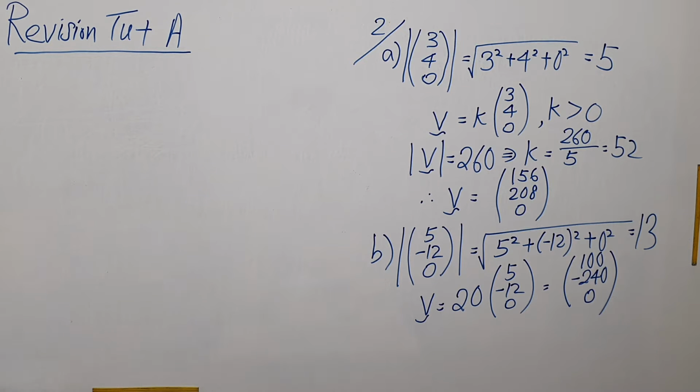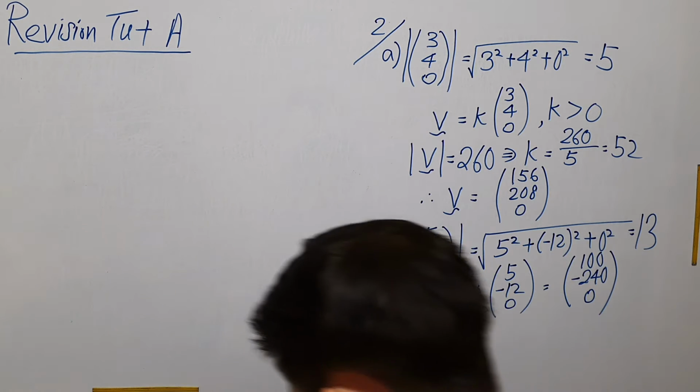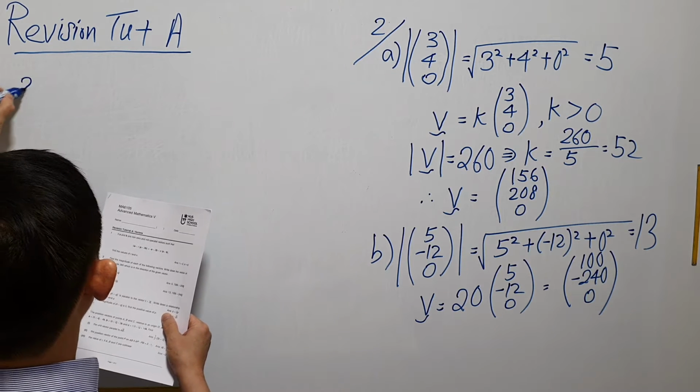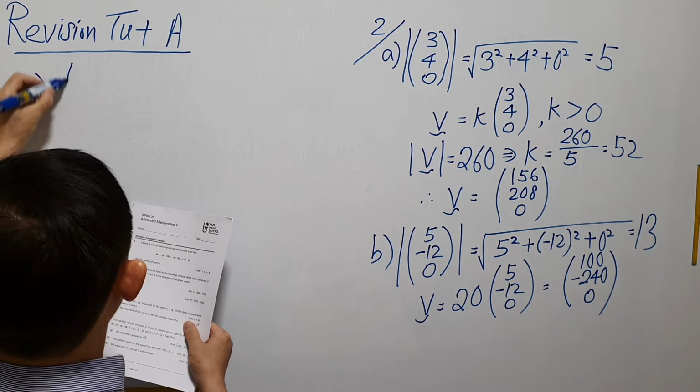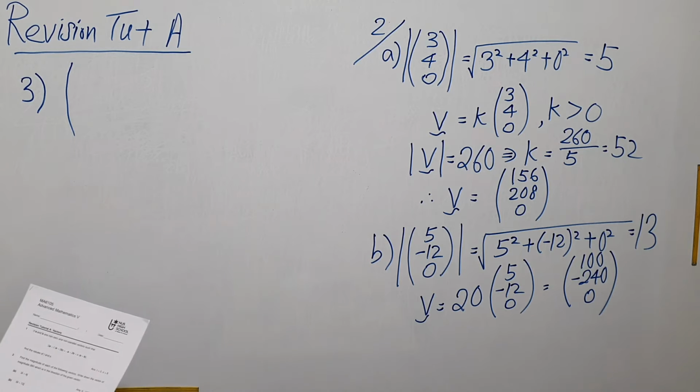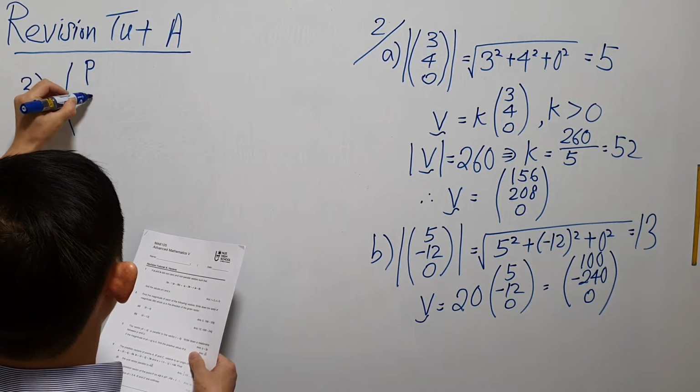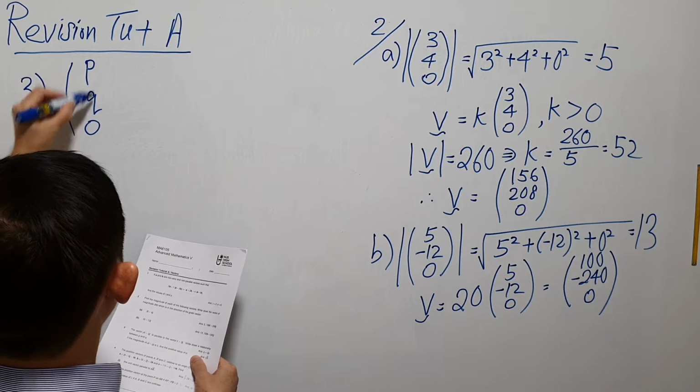For question number 3, you are given that a vector pi plus qj is parallel to another vector. If these two vectors are parallel, I just imagine it's 3-dimensional, so it's p, q, and 0.